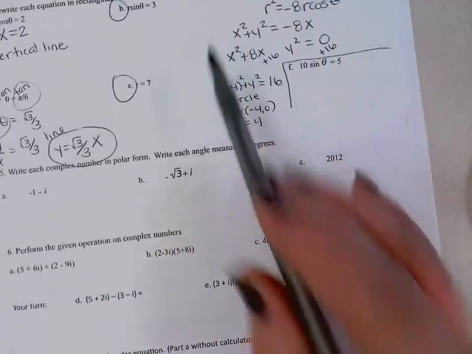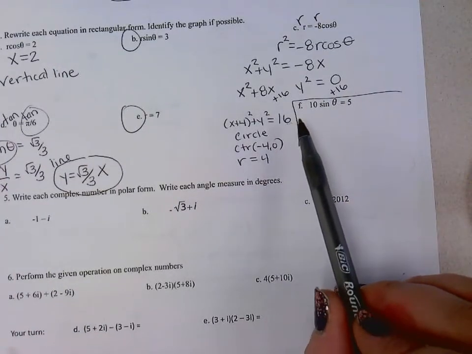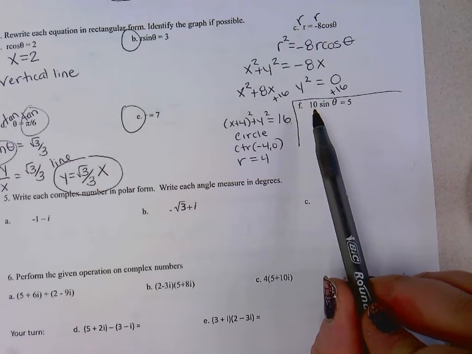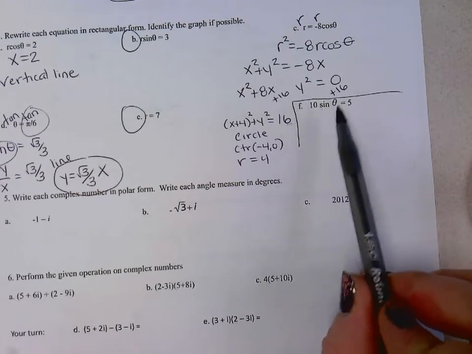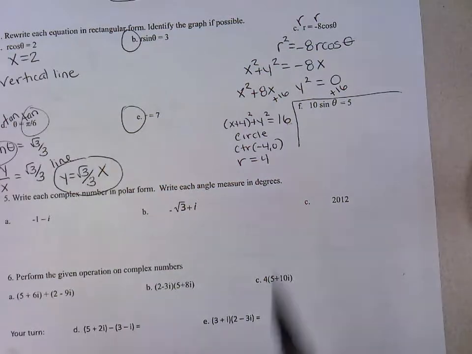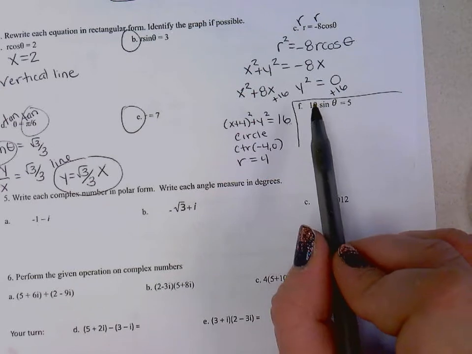Okay, so F, we can't get rid of sine unless it's r sine of theta. So we've got a couple options here. I'm going to go and multiply both sides by r.